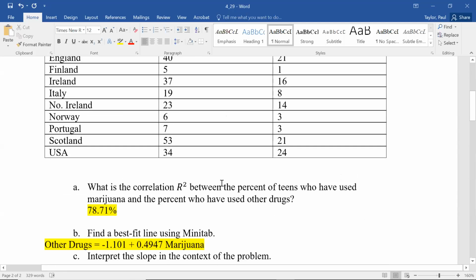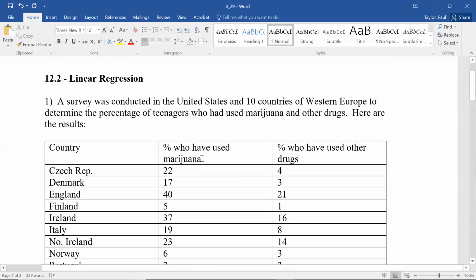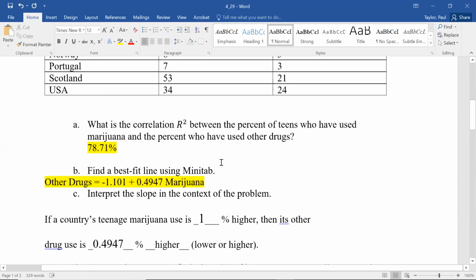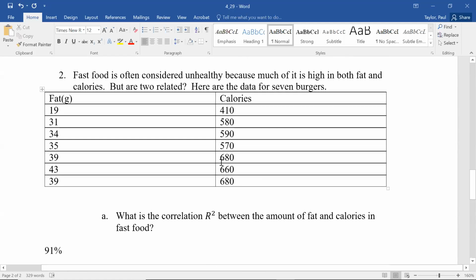In our previous question up here, it would also make sense to have a country that has 0% marijuana use. I mean, there might be such a country, but some of the linear regression we do, it wouldn't make sense to set the x-coordinate to 0. Like let's say we did a linear regression on people's height and weight.